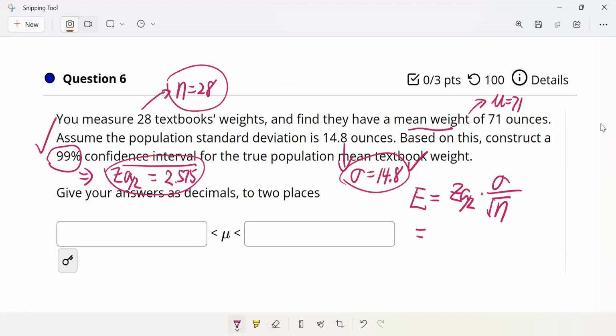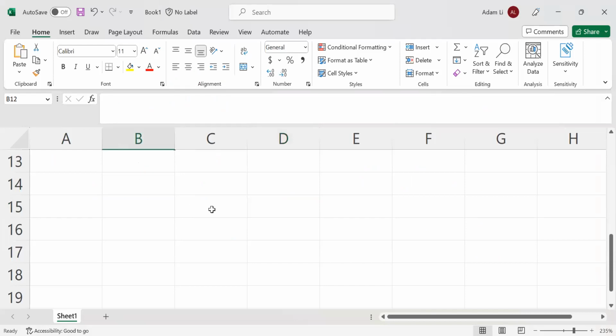So throwing into the formula, we get 2.575 times 14.8 over square root of 28. And I'm going to round it to two decimal places. Go back here.